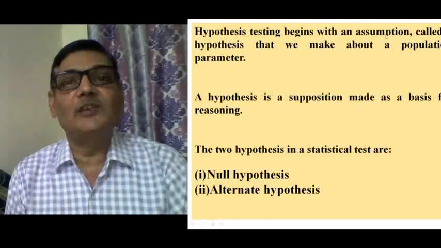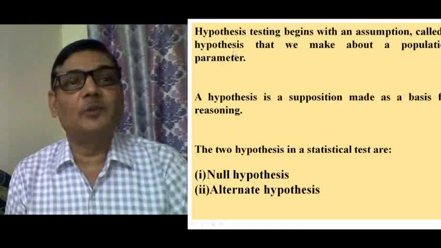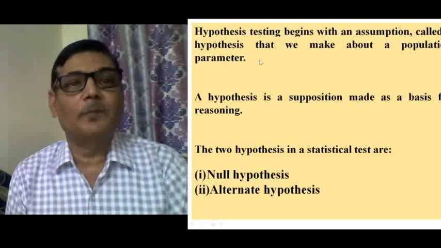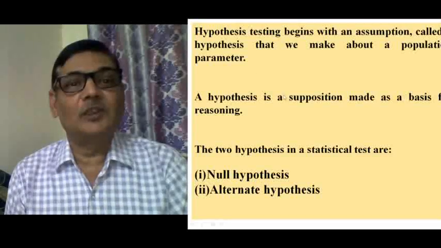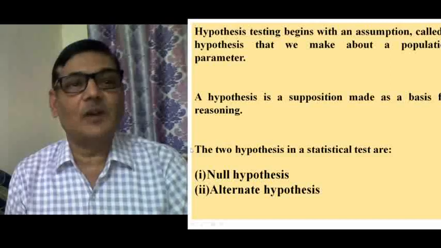We have to assume, or consider, the established theory or hypothesis, and accordingly test that. So hypothesis testing begins with an assumption called a hypothesis that we make about a population parameter. And a hypothesis is a supposition made as a basis for reasoning.